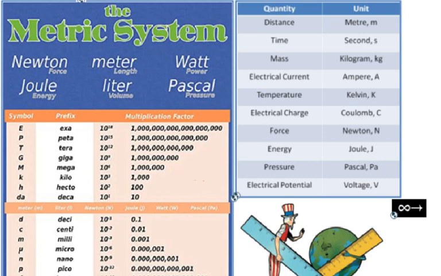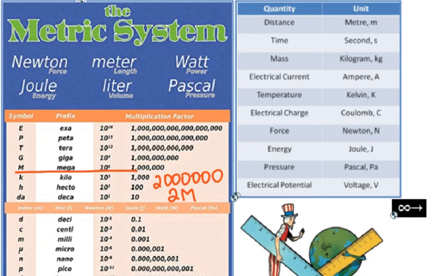If I had 2,000, instead of writing 2,000, I could use kilo and write it as 2 kilo, wherever I'm measuring that in, like kilometers and so on. And if I have mega, it's 10 to the 6. So instead of writing 2 million, I can write 2 mega, and that will stand for 10 to the 6.